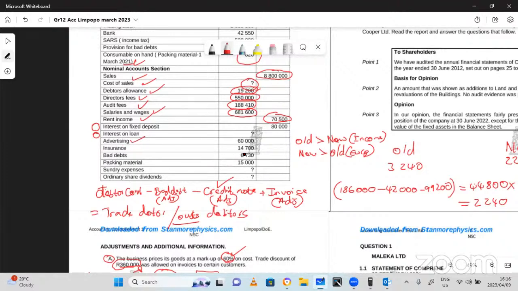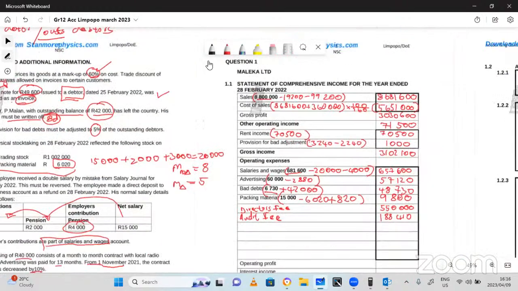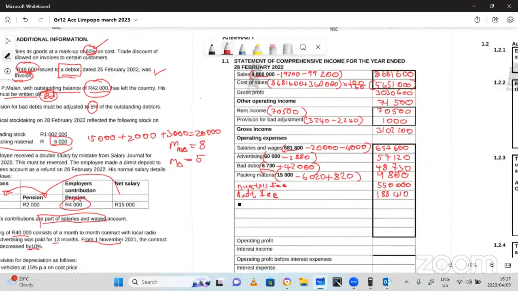So the insurance is how much? 14,700, and there was nothing said about the insurance as well. So we take that 14,700 as it is, our insurance.